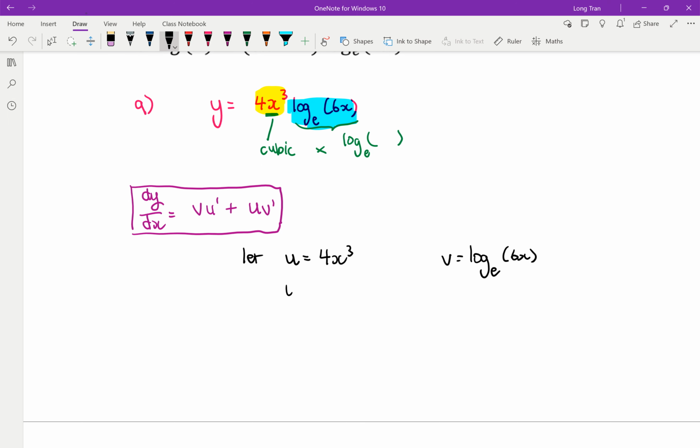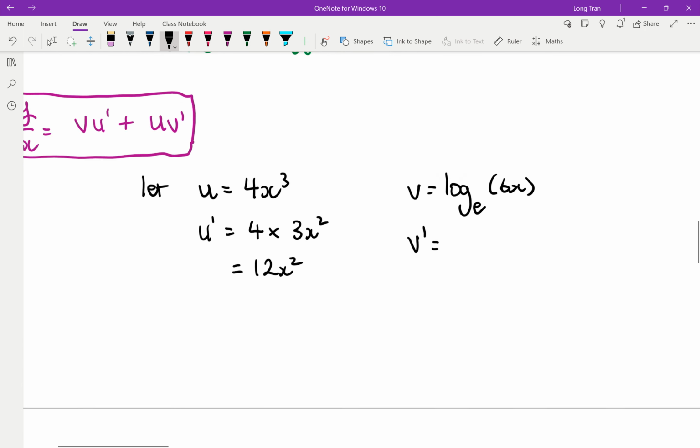And then I'm going to find u dash. So the derivative of 4x cubed is 4, leaving it as it is, times the derivative of x cubed, which is 3x squared, giving me now 12x squared. Whilst over here, v dash, hopefully your chain rule is pretty good at the moment.